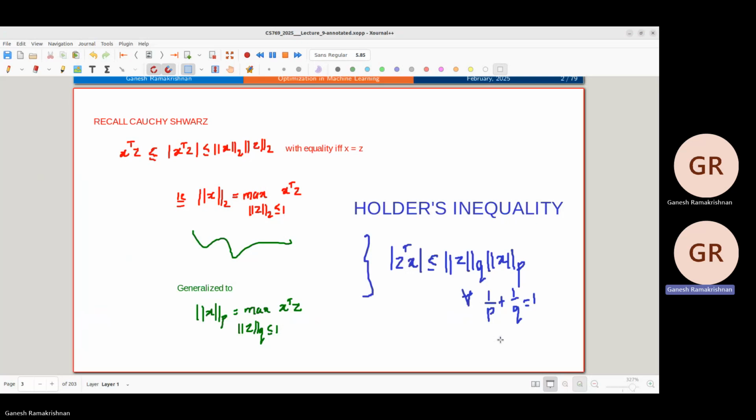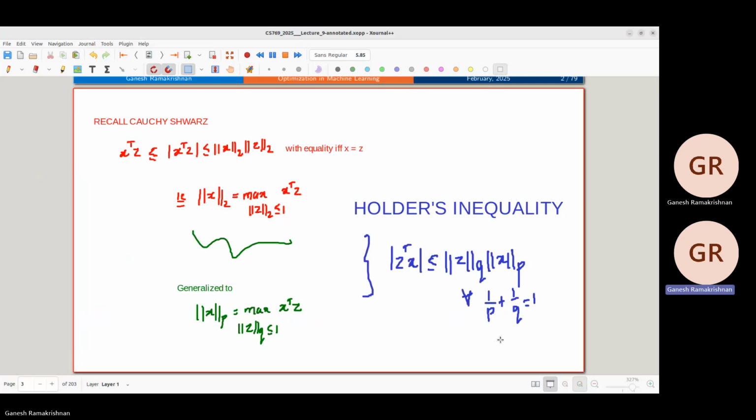this so-called Hölder's inequality. Recall that we had discussed the one norm and its subdifferential. There were two ways we were trying to approach the one norm. One was the subdifferential of the one norm derived from first principles.